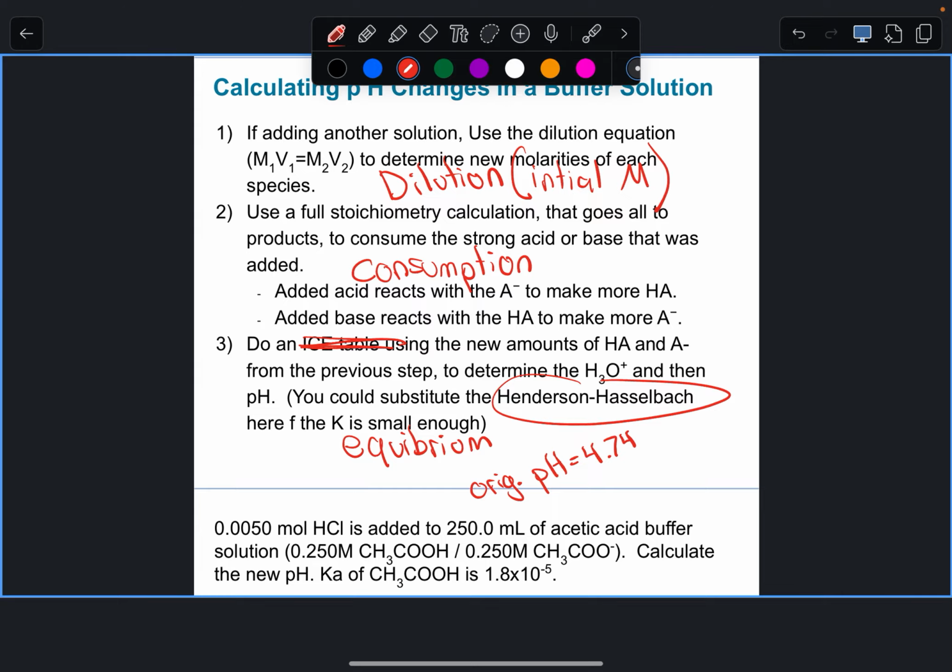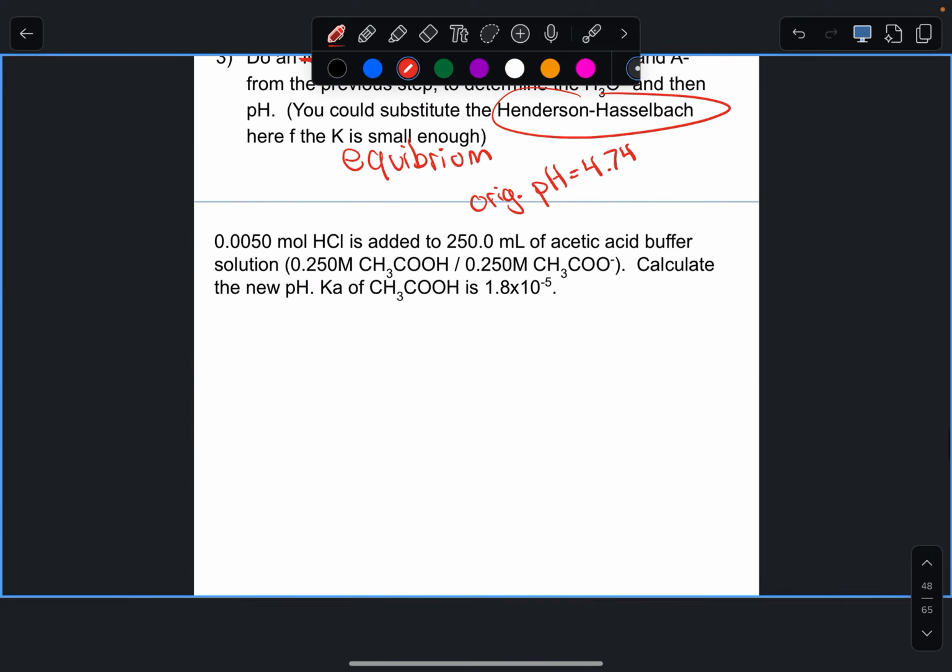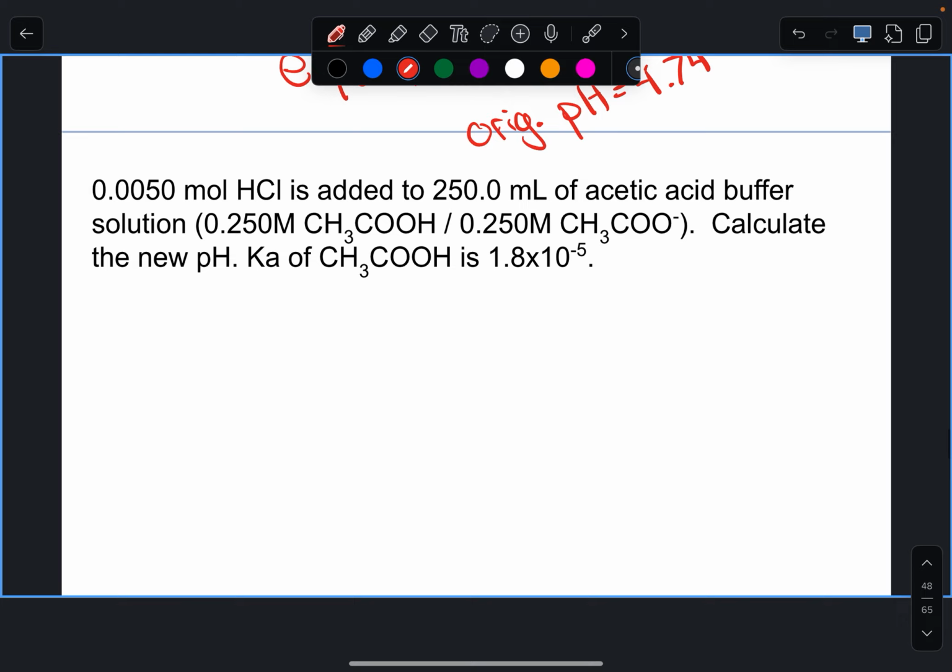Okay, so let's go ahead and approach this for this problem. So we need to first find out the initial molarities. Well, it says we add 0.005 moles of HCl to 250 mils. So to find the molarity, moles over liters, right?